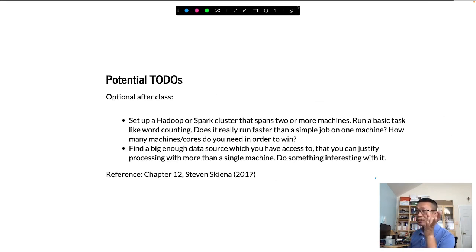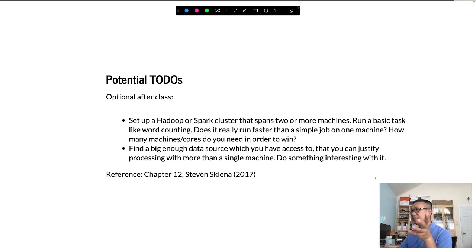So additional things you may do, again, in the second part of the video, we're going to set up a Hadoop, Spark environment in Colab, and then do a very small task with that, just to have a sense of how it works. But perhaps for those of you who are technical enough and confident to set up a Hadoop or Spark cluster on multiple machines, run a basic task, such as word counting.